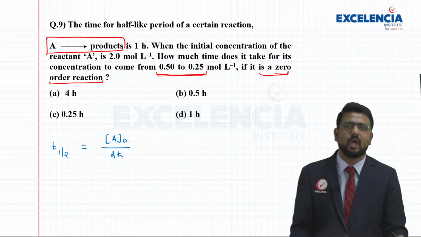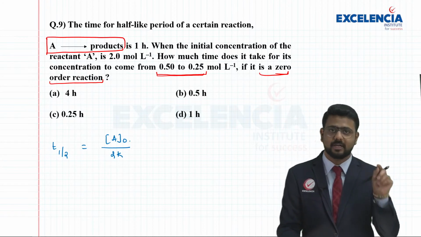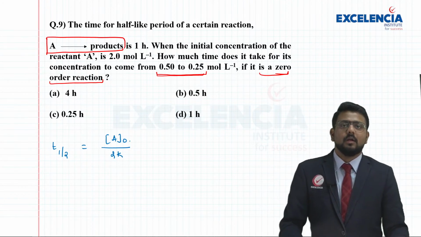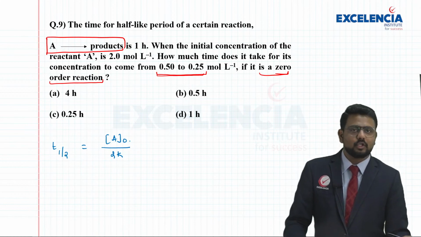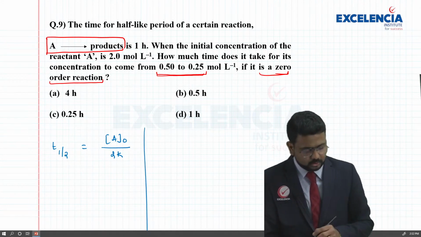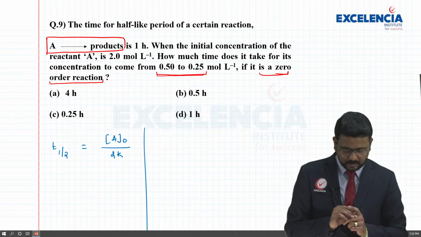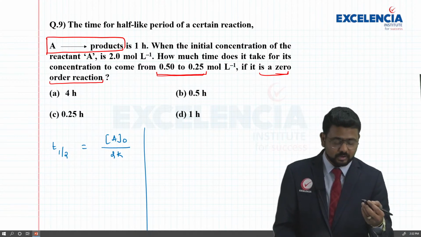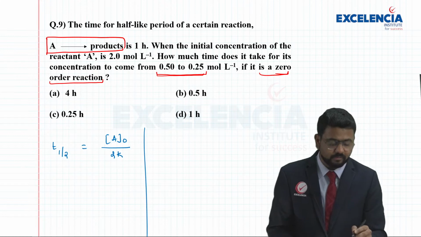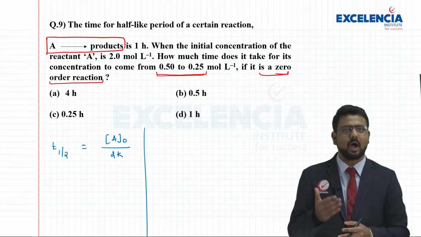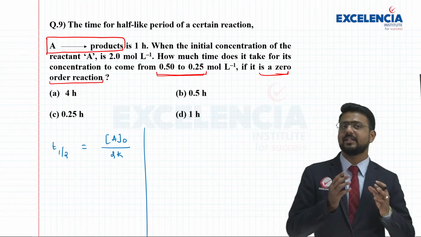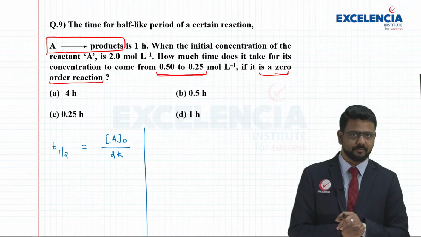This is the expression for the half-life when it comes to zero order reaction. So obviously 2K here would be constant. So if I take the ratio of these two, because in the second case also they are asking us for the time which is required for the reduction from 0.50 to 0.25, so half of it basically. So in the second case also they are asking you to find the half-life.